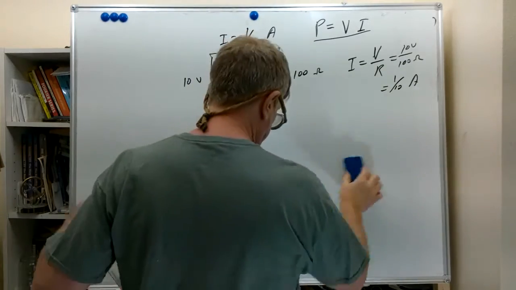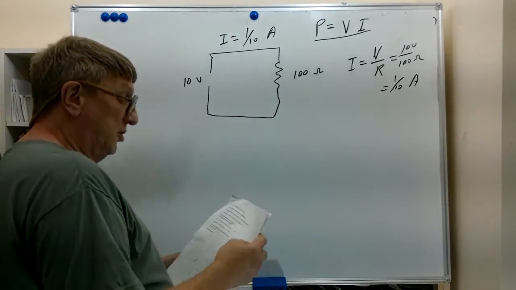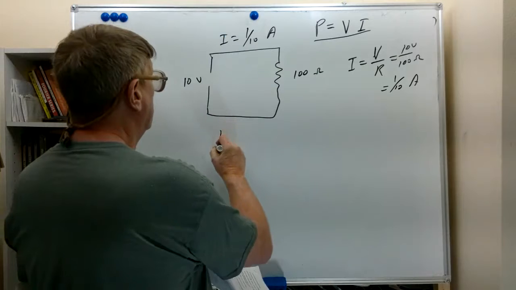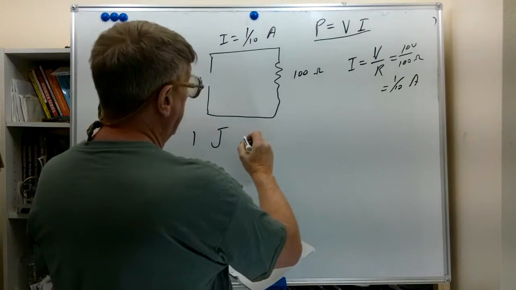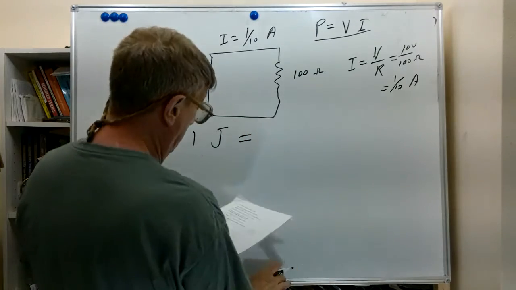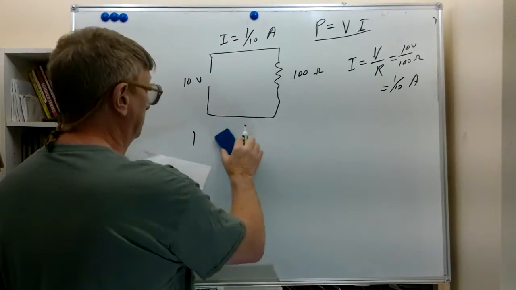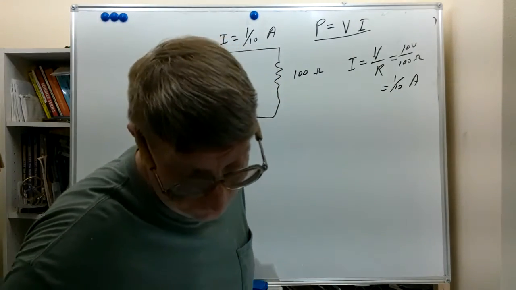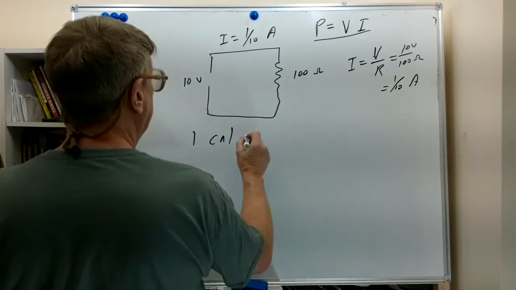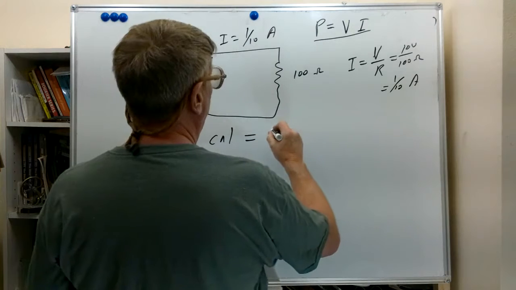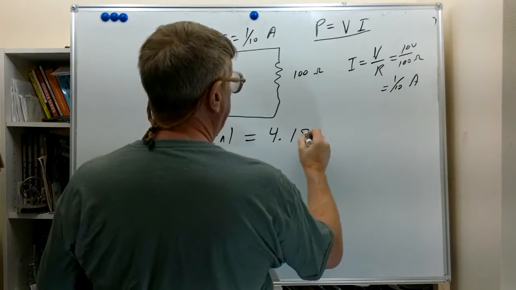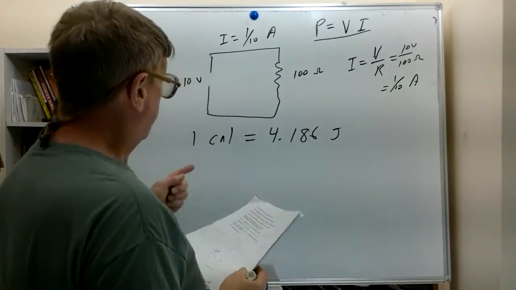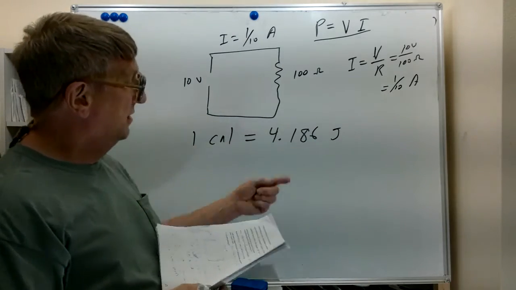So we're going to correlate a joule to a calorie. 1 calorie of heat is equal to 4.186 joules of energy. So a calorie is actually a little bit bigger unit than a joule.